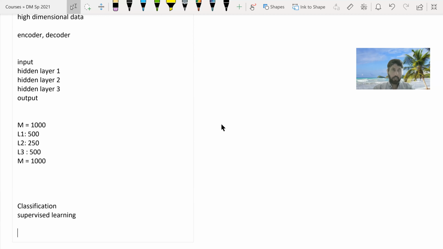Let's take a simple hypothetical example. Let's say you have student data, of how students perform in the previous courses. The student data would have some features.